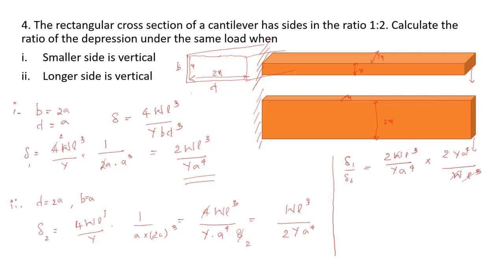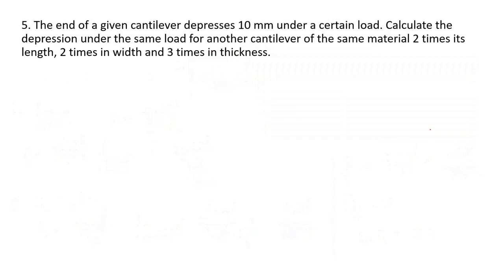We can cut off all the variables and delta 1 by delta 2 becomes 4. That is, delta 1 is to delta 2 is 4 is to 1. The depression in the first case was 4 times that of the second case. So we always prefer beams with a higher depth in construction. Let's move on to the next question.